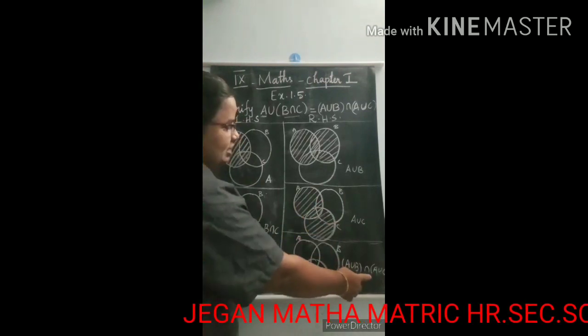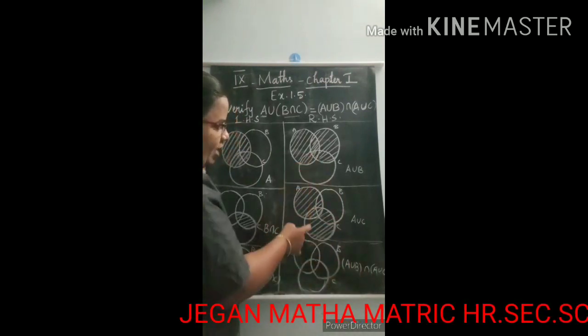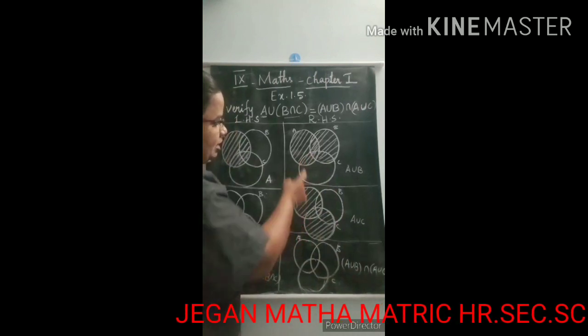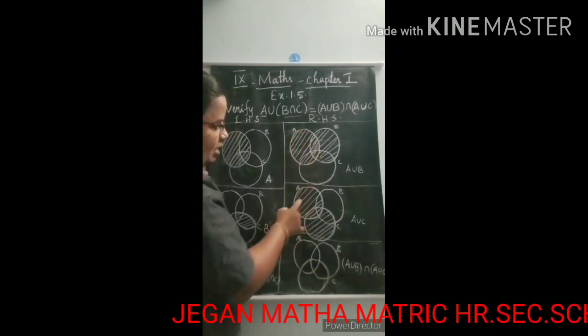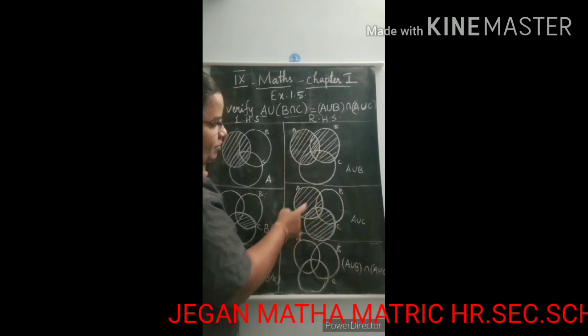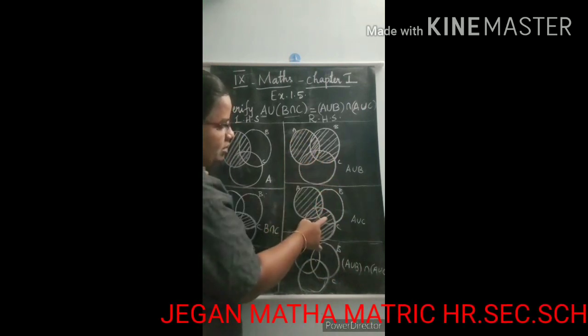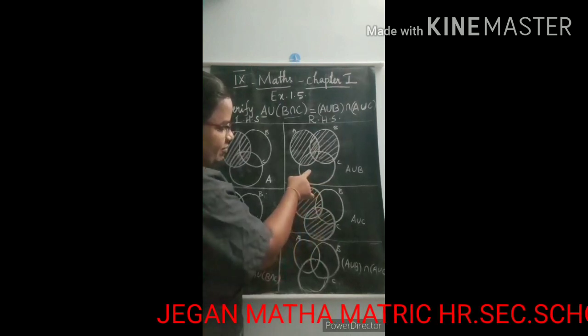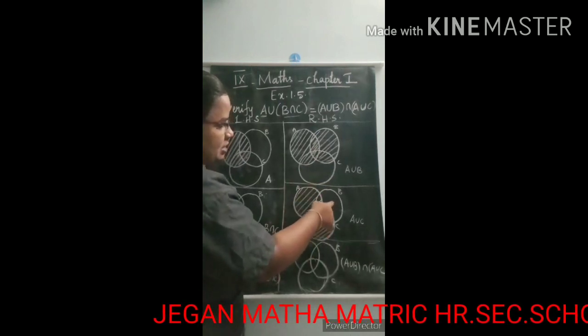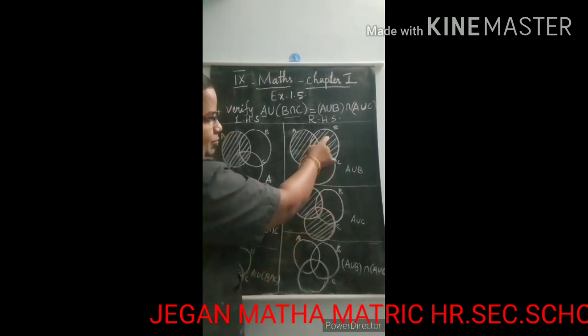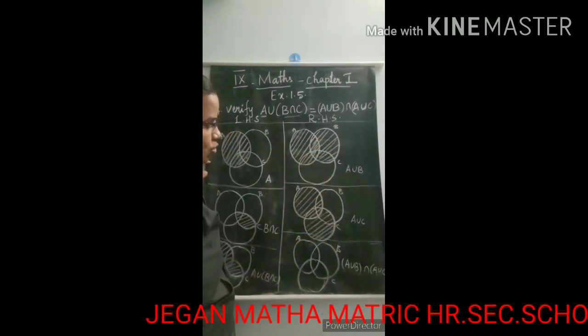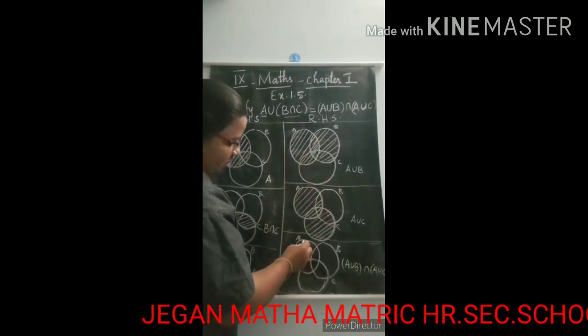Next one, intersection. For these two figures you have to find the intersection part. This is A and here also there is A. This part is not in the first diagram and this part is not in the second diagram. So you have to take the common part of these two.